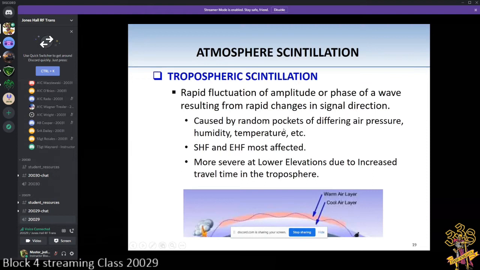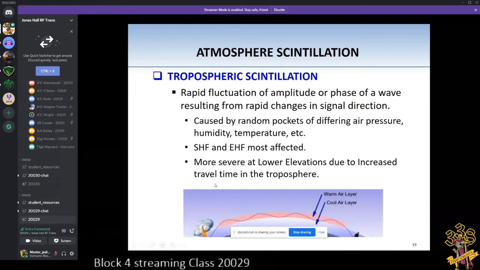It's going to speed up, slow down, refract. All that's going to change your signal. All that together is called tropospheric scintillation. It's the rapid fluctuation of amplitude or phase of a wave resulting from rapid changes in signal direction.